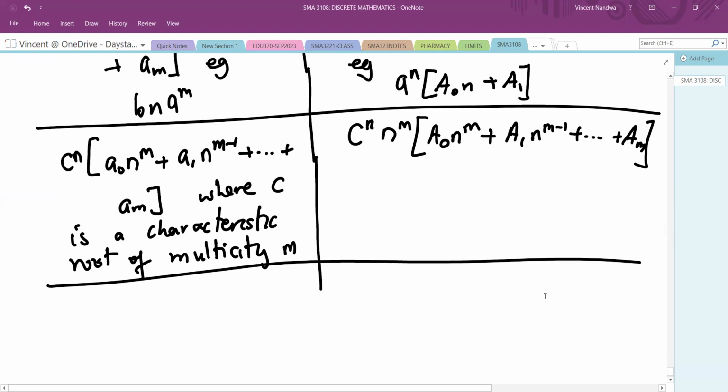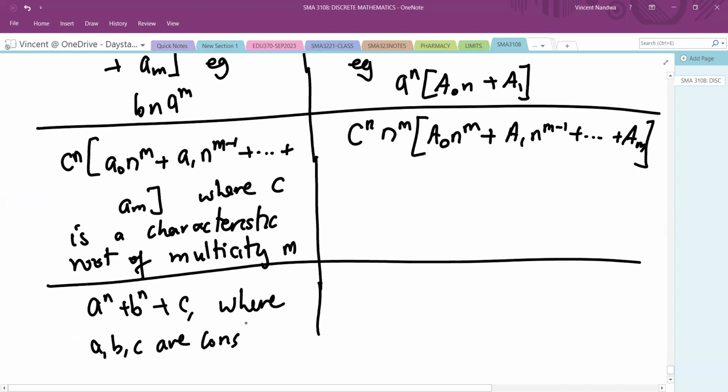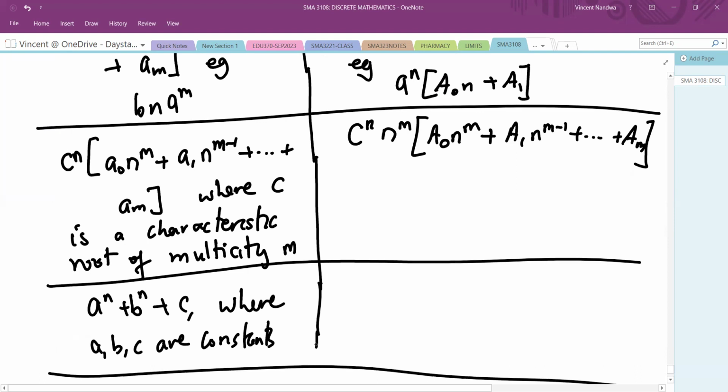And finally, if your f of n is a function of the form a power n plus b power n plus c, where a, b, and c are constants, then your guess for the particular solution will be a function a1 a power n plus a2 b power n plus another constant a3.